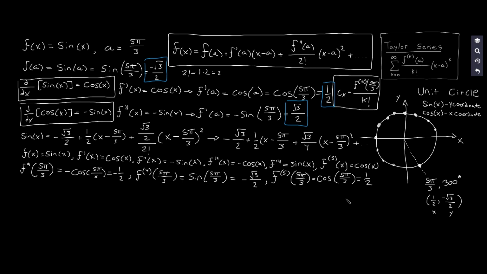At this point, we want to find our c sub k's. We'll start at c sub 0. C sub 0 equals f of a over 0 factorial.